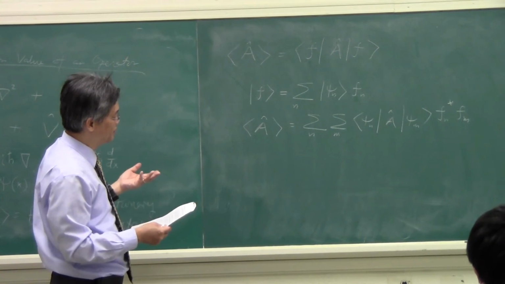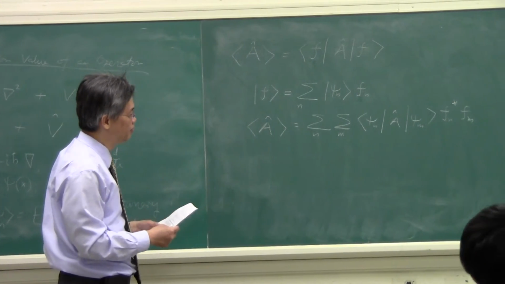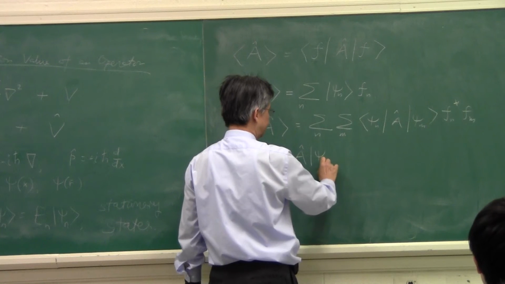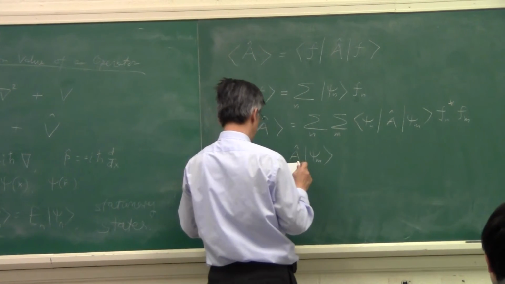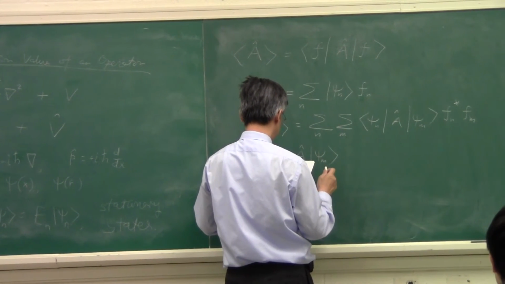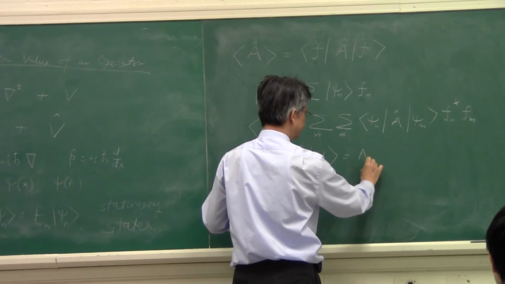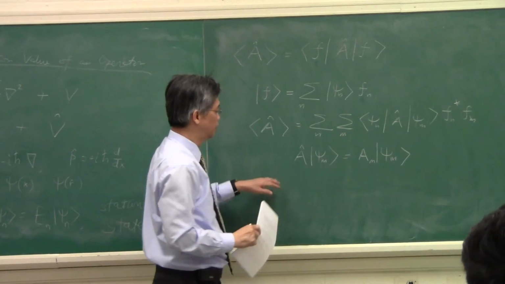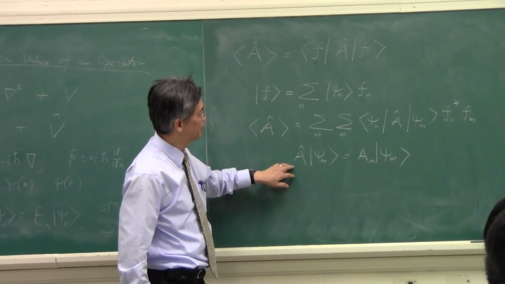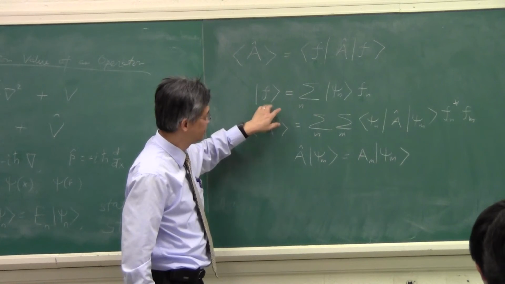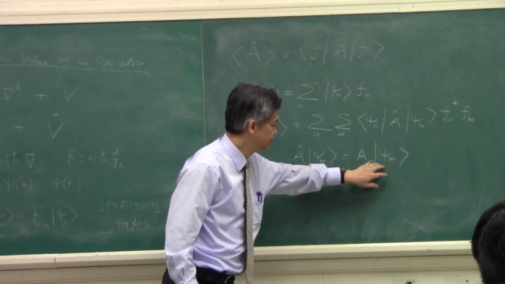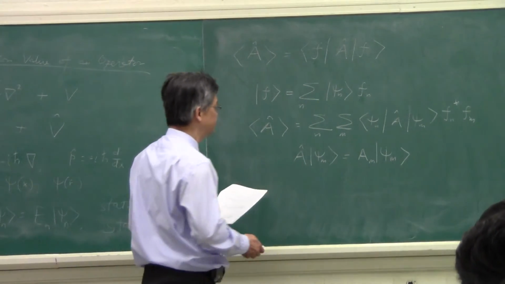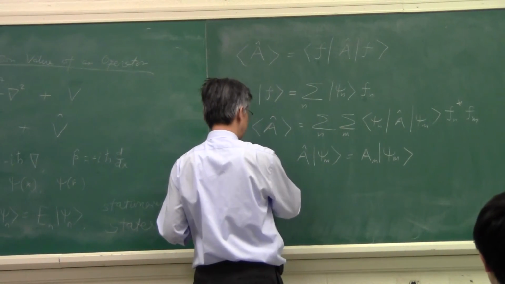So this is the expectation value, but it has a special meaning. If you pick psi m to be an eigenstate of the operator A hat, that is, if you pick the eigenfunctions that you expand the function f in to be eigenfunctions of the operator A hat, then the expectation value simplifies.